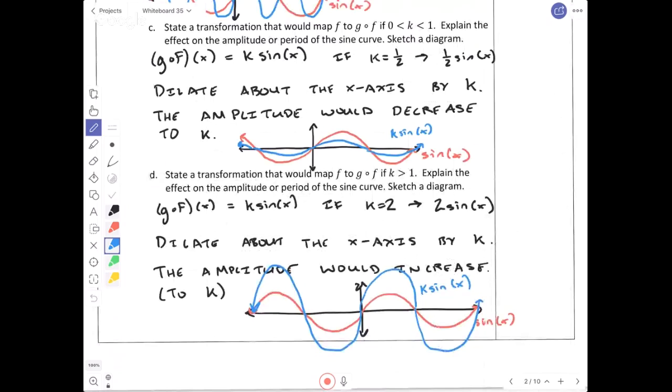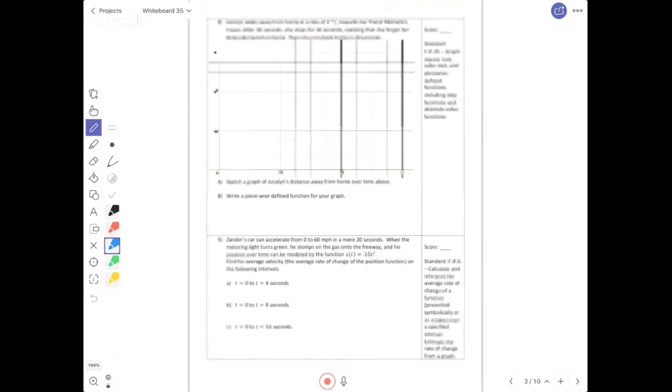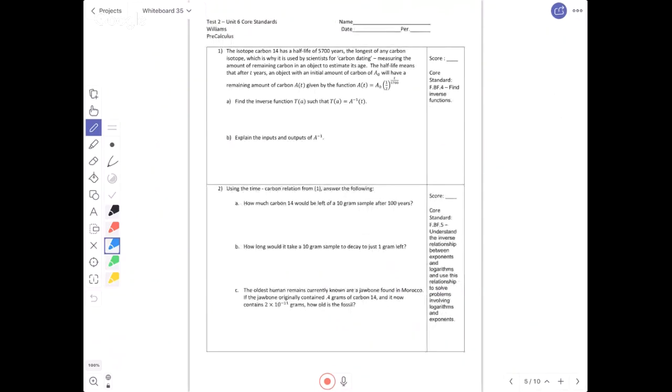So that was it for core standards for Unit 5 on functions. Let's check out core standards from Unit 6 on exponentials and logarithms. So here I am.